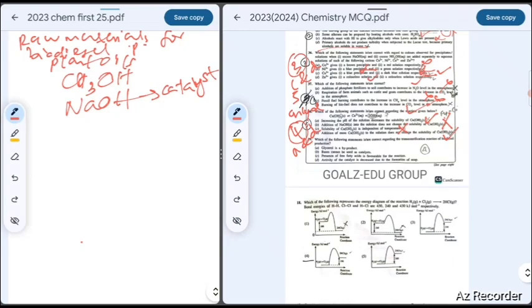Why do we have to remove the free fatty acids? Because if those free fatty acids are present, they can form soap with the sodium hydroxide. So we have to remove these free fatty acids.